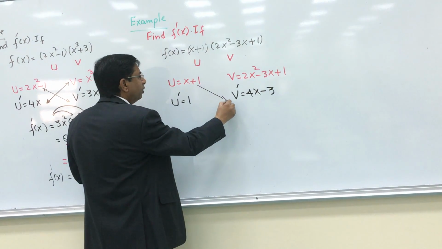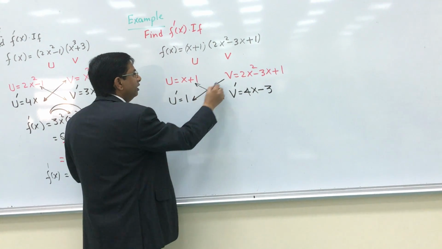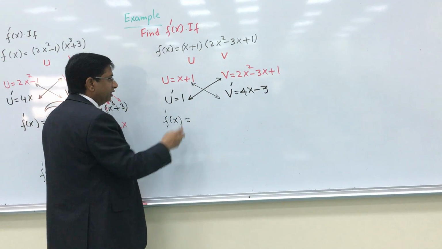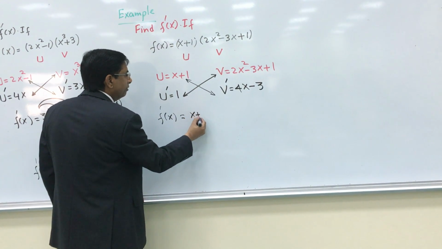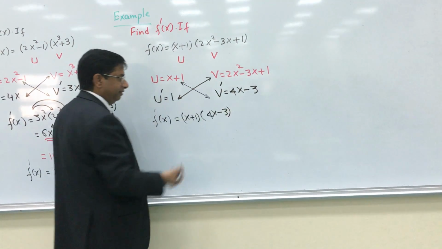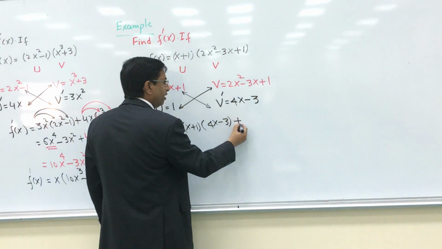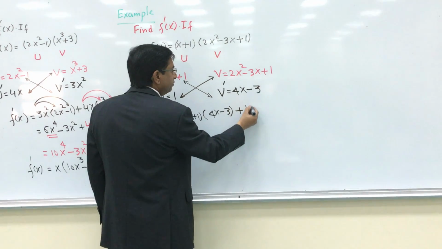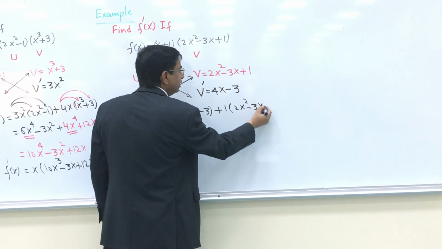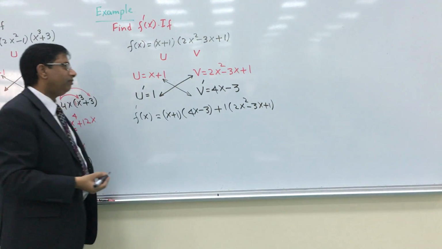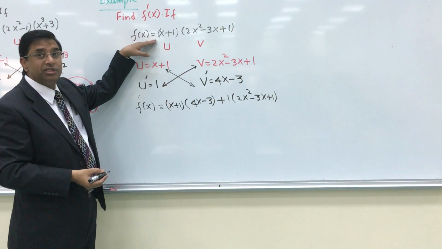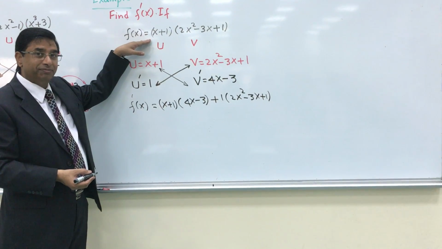Now, simple, we cross multiply these functions and we can write down f prime of x, which is (x plus 1) times (4x minus 3) plus 1 times (2x squared minus 3x plus 1). You see here, just the cross product is giving us the derivative when we differentiate them separately.